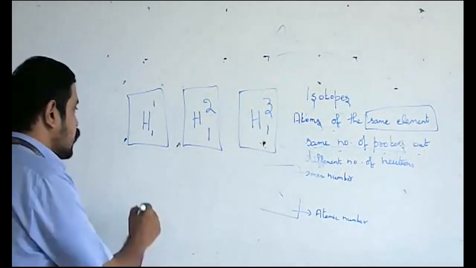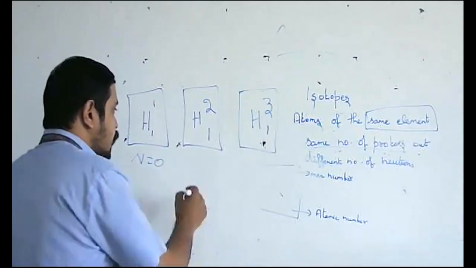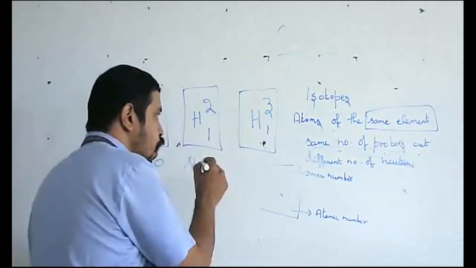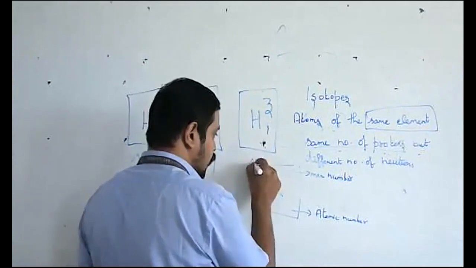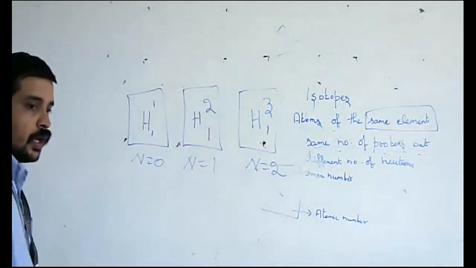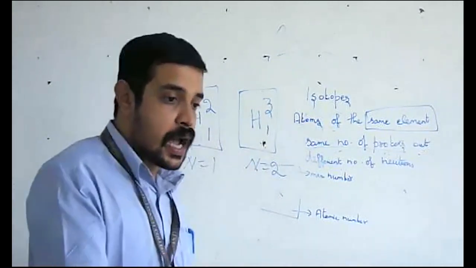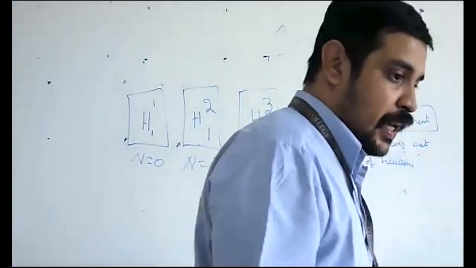Now, if you take the neutron number, it is 0. And here, it is 1. And here, it is 2. Correct? So now we can tell that all these three elements are isotopes of each other.